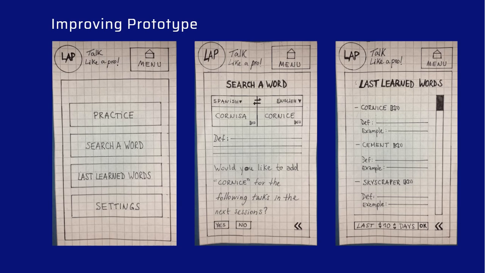Users also asked about a basic detail regarding the option Last Words. They needed to know if those words were only from the last session, the last day, or the last week. So I incorporated a tool to set a specific number of days on it.